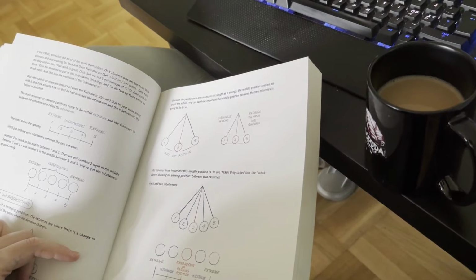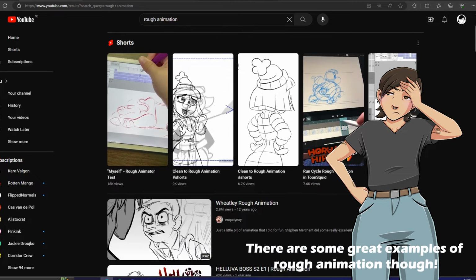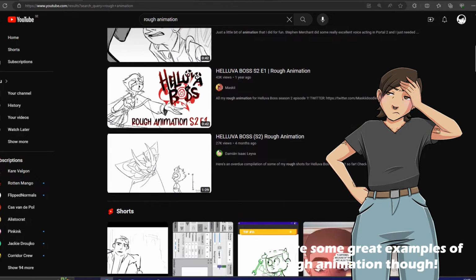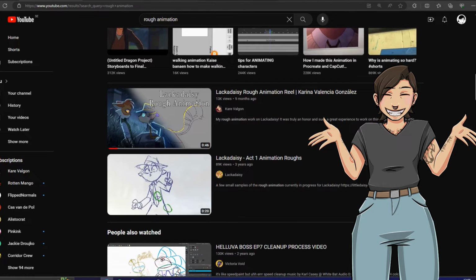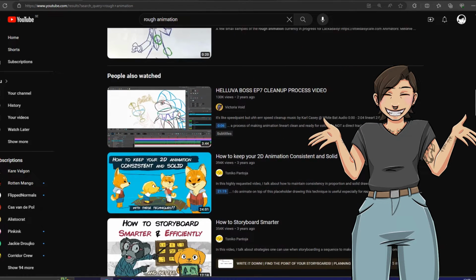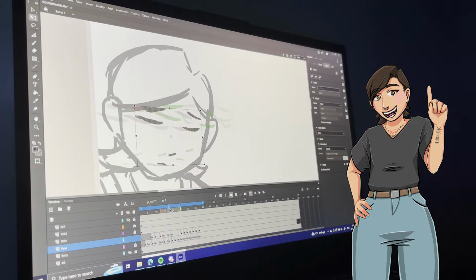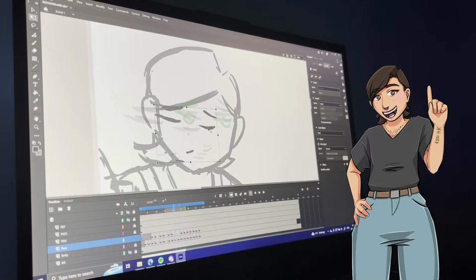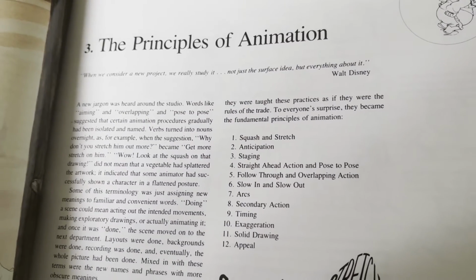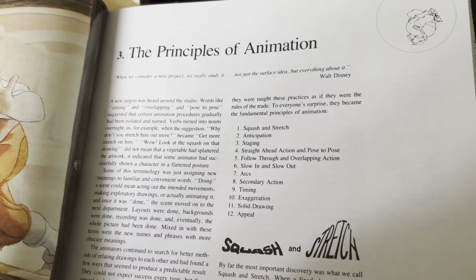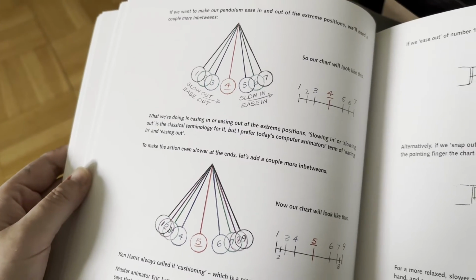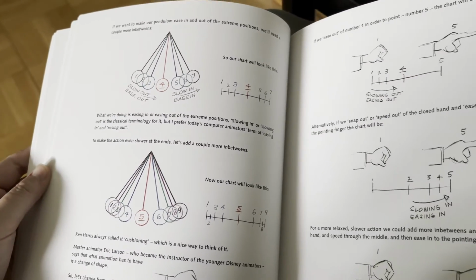but it's very hard to find proper, good documentation on what I should actually think about while I'm doing my rough animations. And while this might not be a big thing, what you're doing is actually animating, so following the 12 principles and all these other things that are important, like spacing, timing. Do I animate on ones or twos?